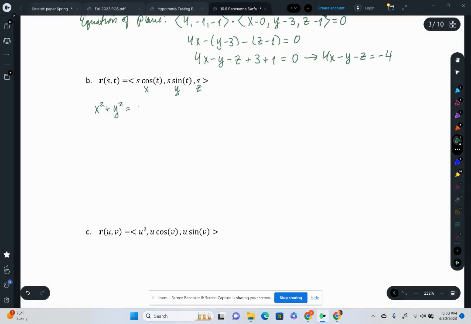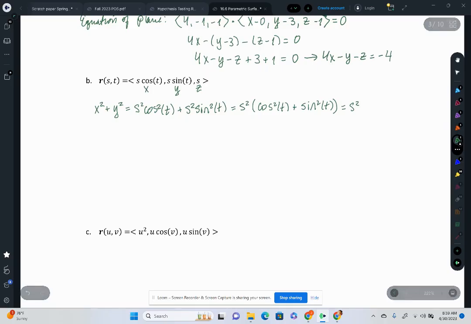When I square each one, I get s squared cosine squared of t plus s squared sine squared of t. I can factor out the s squared, leave behind cosine squared of t plus sine squared of t, and that's just equal to s squared.